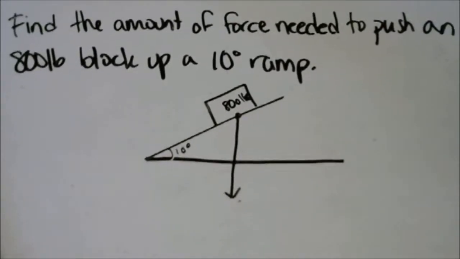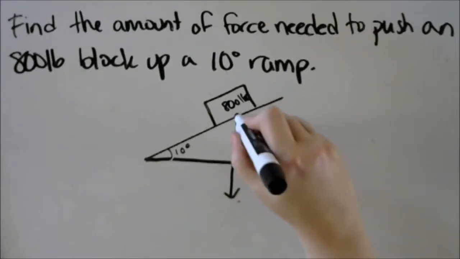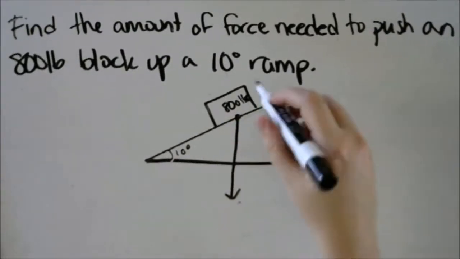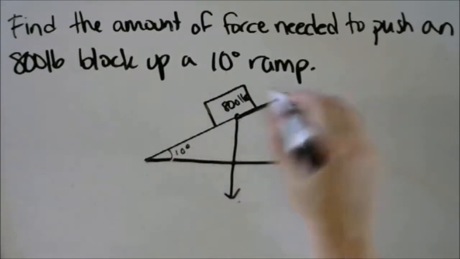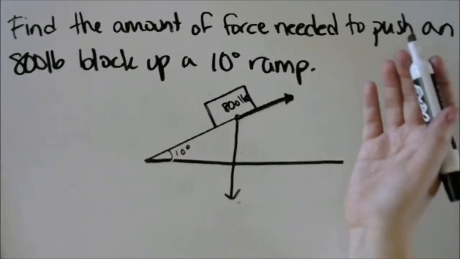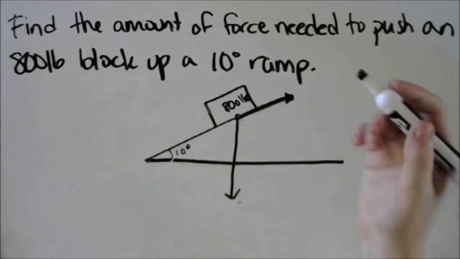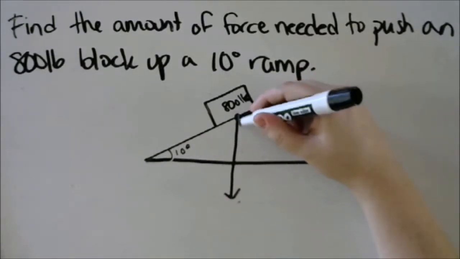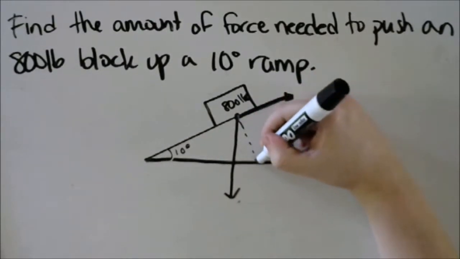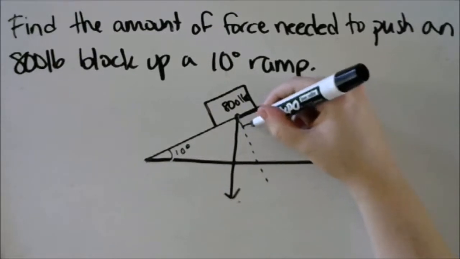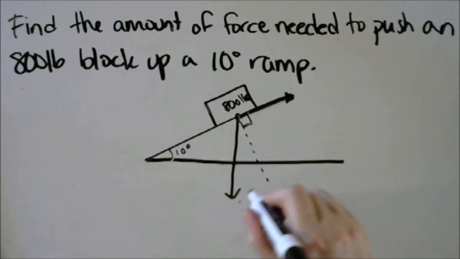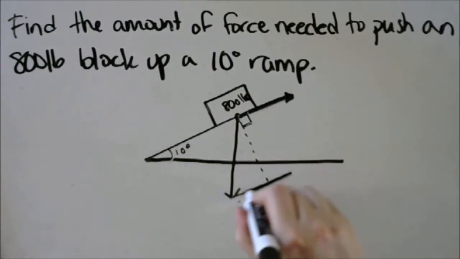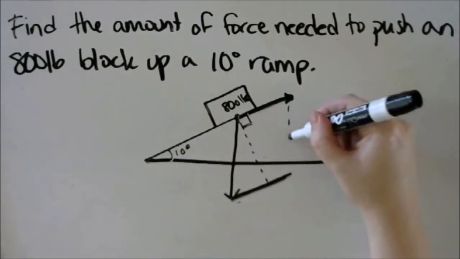Then the force we're looking to solve for is the force along the ramp, since we're trying to push this block up the ramp. And we can use the parallelogram law because the resultant force is a force that makes a 90-degree angle with the ramp, and the rest of the parallelogram looks like this.